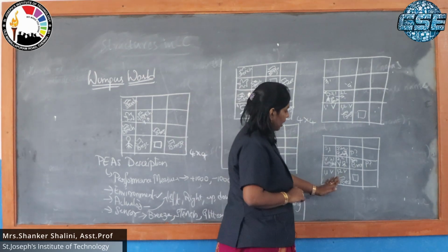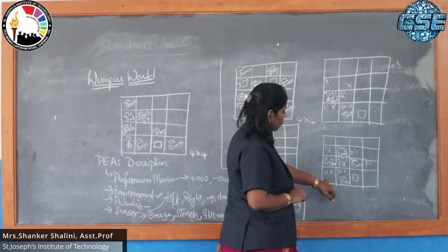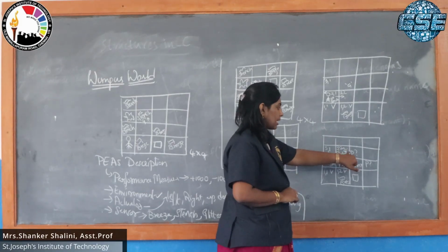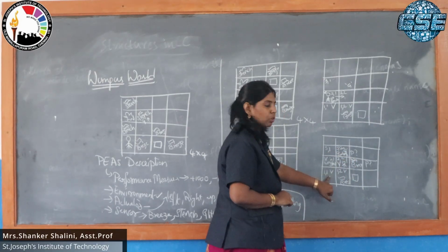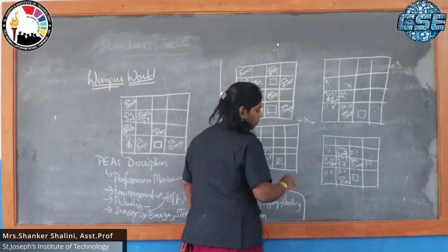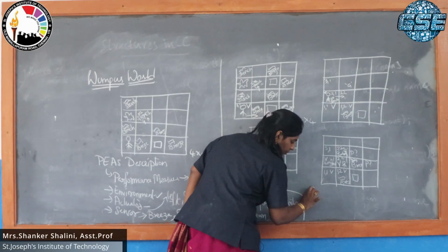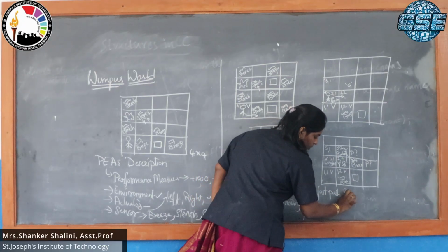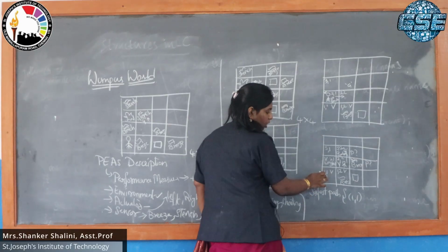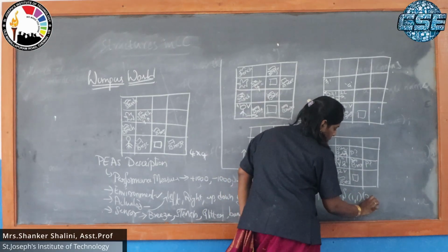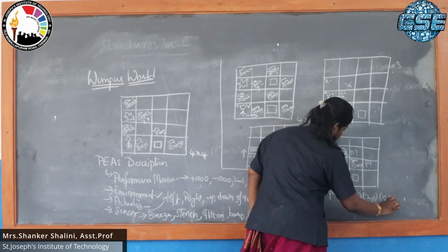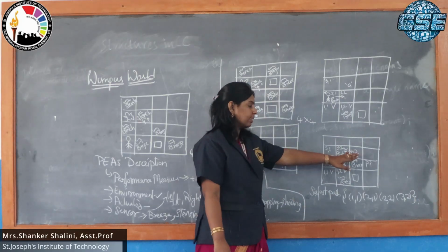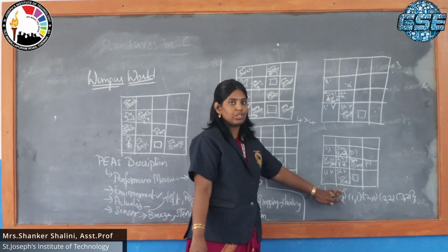The agent moves from (1,1) to (2,1), (2,2), (3,2), collects the gold, and gets back to (1,1). So the safest path is (1,1), (2,1), (2,2) and (3,2). The safest path is to collect the gold and get back to its original position.